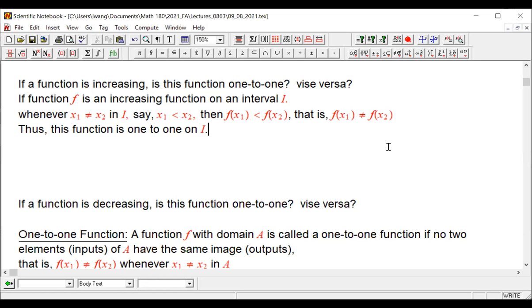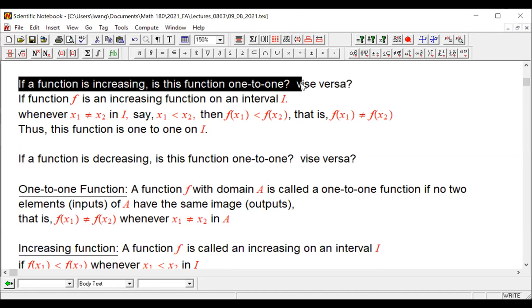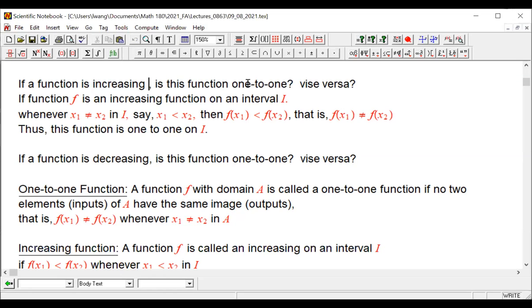If you have hardship with this, just watch this over and over and come back to me with your questions, because this thinking demands a lot of attention to gain better understanding. Therefore, this is a yes. If a function is increasing on an interval, then the function is one-to-one on the interval.